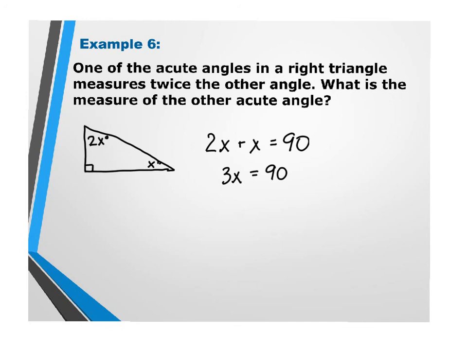Then divide by 3, we get 30 degrees. So x here is 30 degrees. And if we were asked to find the other angle measurement, this one right here, we would just multiply that by 2. So the angle measurement for here would be 60 degrees. So here was 30. And we're done.